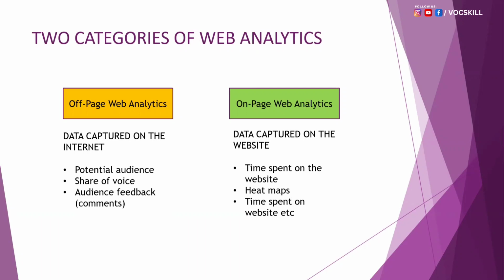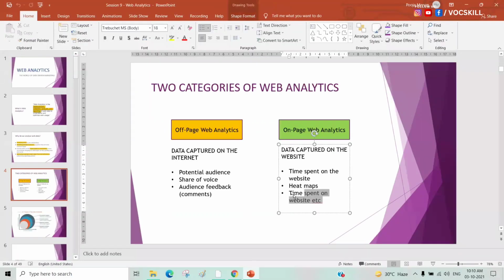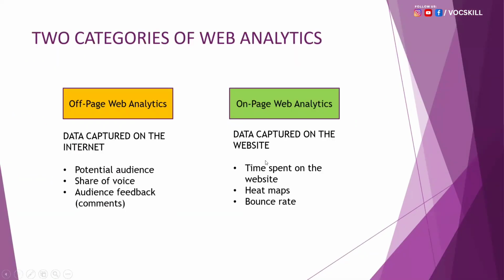Now, on data captured on the website, I'll just explain one thing. Time spent on the website is obvious, right? How much time did we spend on the website? Usually on an e-commerce site, you spend around 9 minutes.